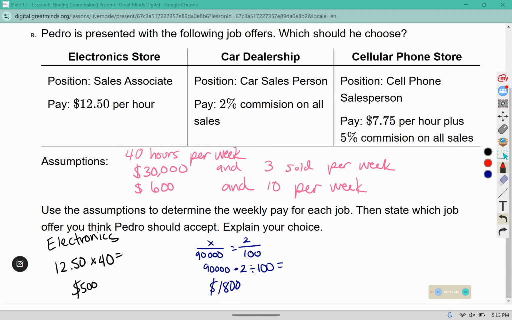But the cell phone company he earns based on his hourly rate, and he works for 40 hours and a commission. So $7.75 times 40 will tell us how much he earns for working his hours. And then we also need to do the percent of his commissions. So he's earning 5% if he sells $600 smartphones, and he sells 10 of them, that's $6,000.